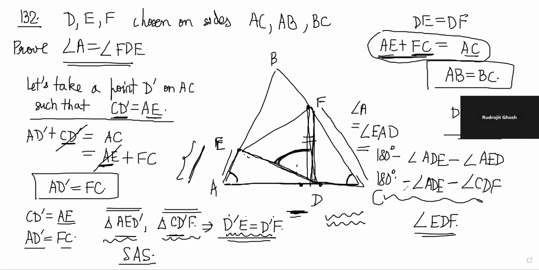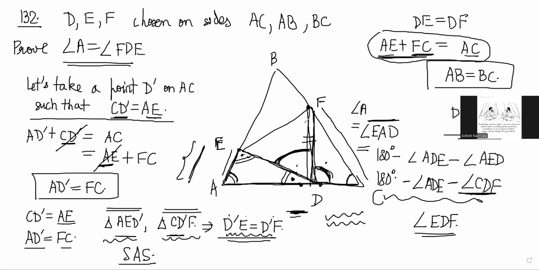Sir, can you repeat that portion? What I'm saying is I know angle A is the same as EAD, right? EAD in the triangle is equal to 180 minus this angle and this angle, right? I will keep this angle as it is. I will not touch this angle, but for this angle, AED, I will find the other angle here, which is CDF.